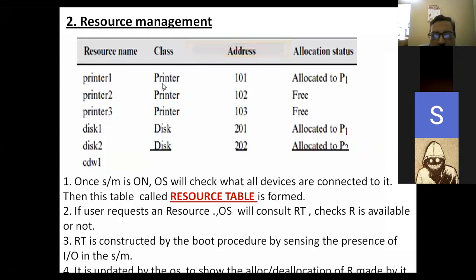Whenever there is any allocation or deallocation of resources to any process, the resource table will be updated. And what is resource management? Resource management is one of the main operations of the operating system, where the OS deals with allocation and deallocation of the resources to the processes.